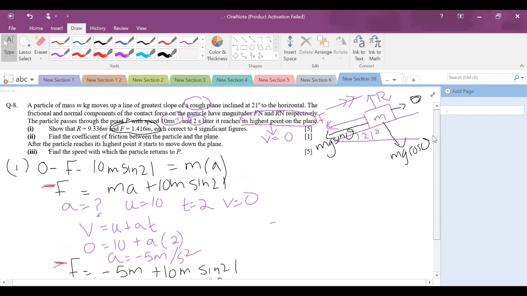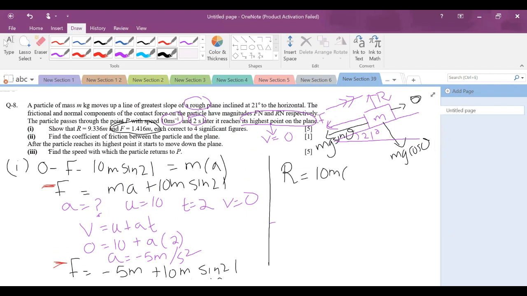Now we have to find R. So R equals to mg cos theta. So R equals 10m cos 21, which is equals to 10 times cos 21 is 9.33 m.